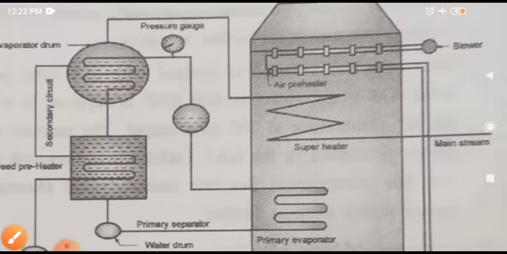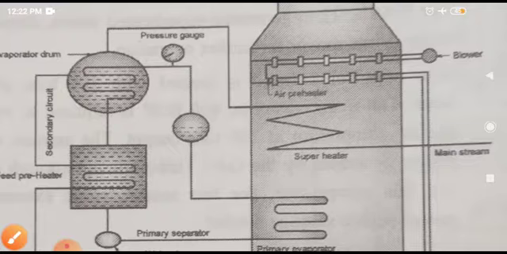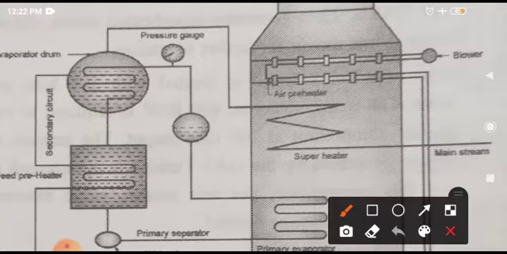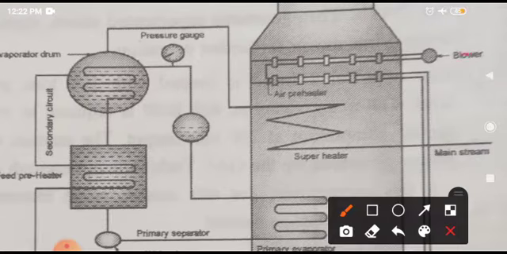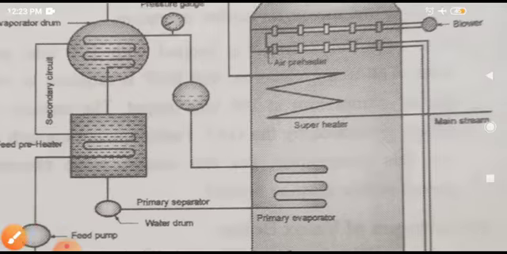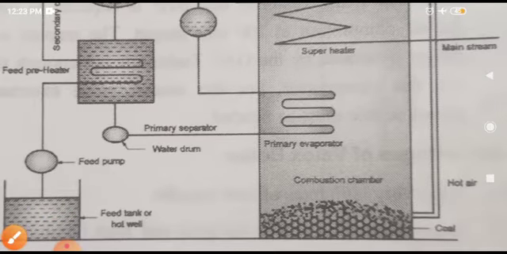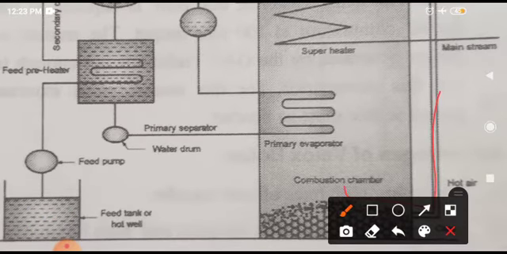Let's see where it is coming from. Air is coming through this blower, then it is getting heated, and then it is supplied to the combustion chamber to burn the coal or fuel.